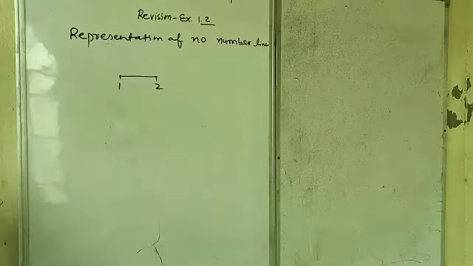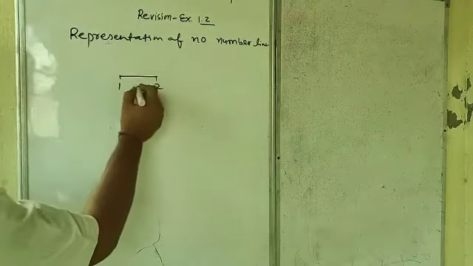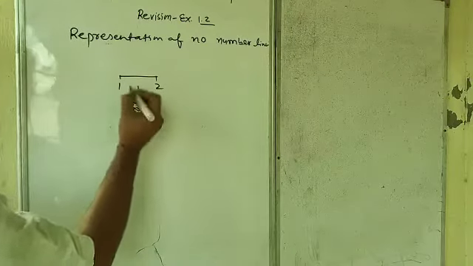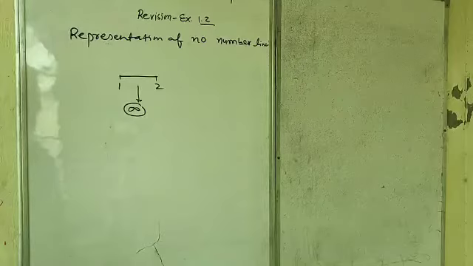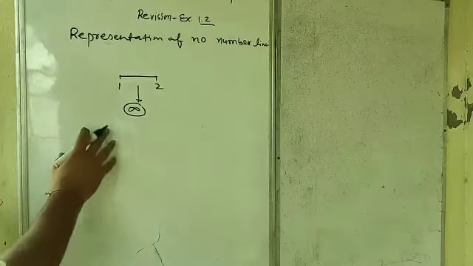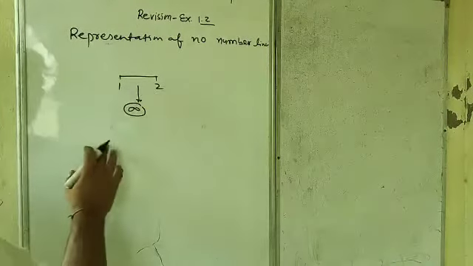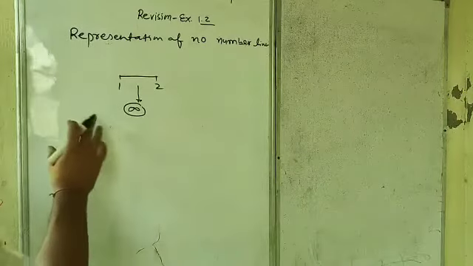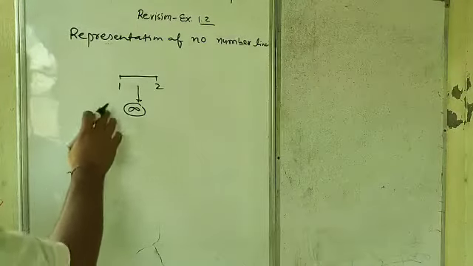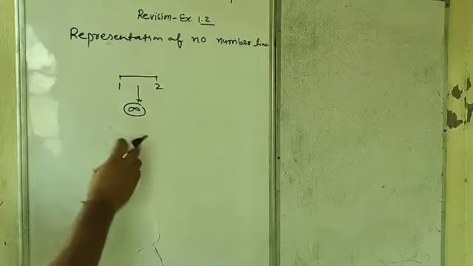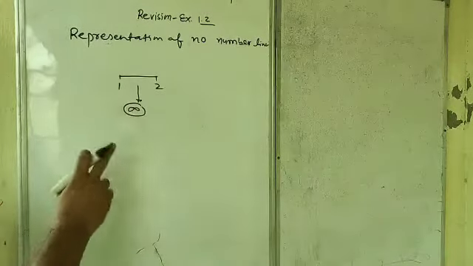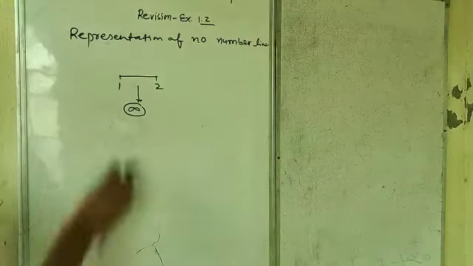How many rational numbers are between them? There are infinite rational numbers. So you may say it is not defined how many rational numbers are between two natural numbers, between two integers, between two whole numbers, and between two rational numbers also. So how many rational numbers lie between any two given numbers is infinite, not defined.